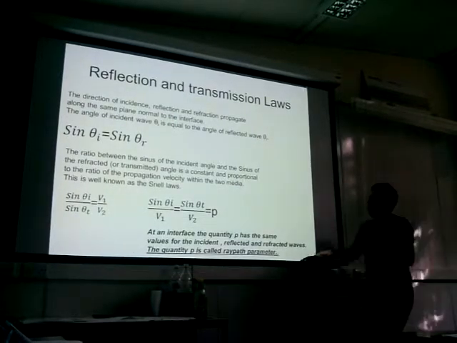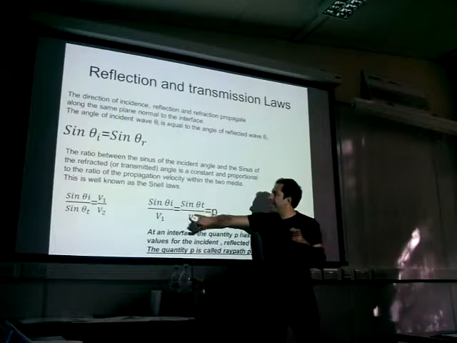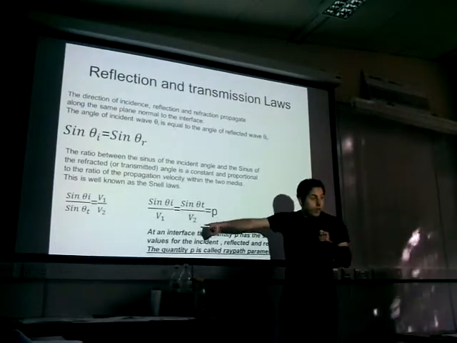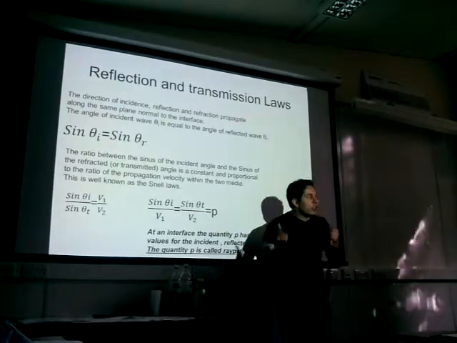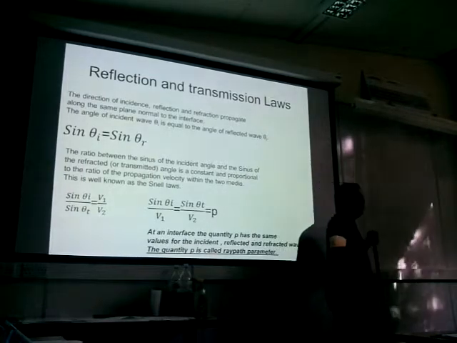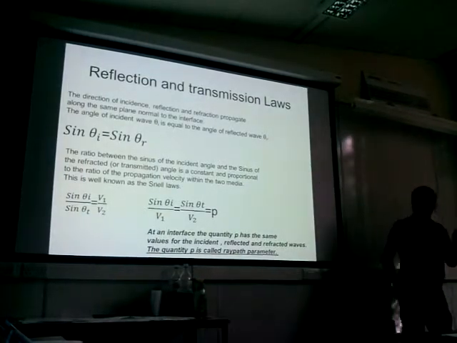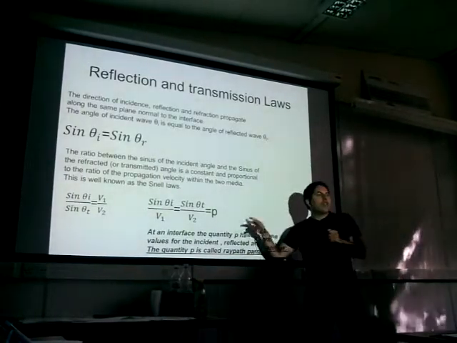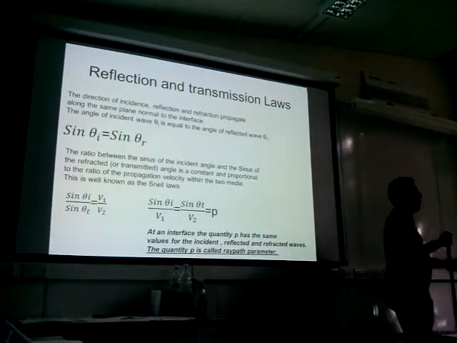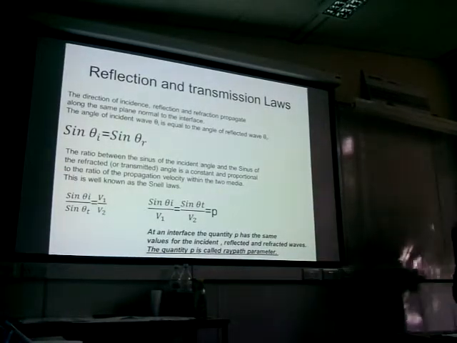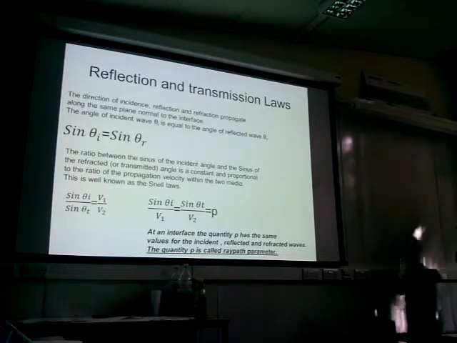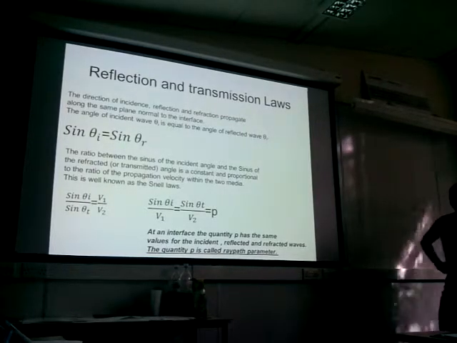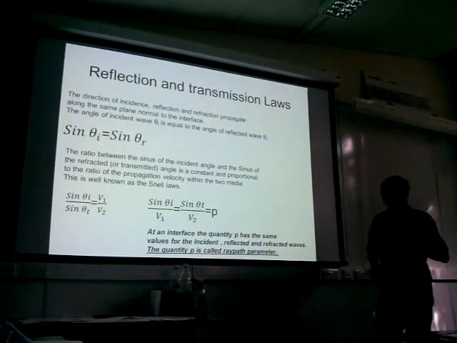So if you know those two parameters, you can calculate the ratio of any other transmitted component of your history. And this is valid for V1, V2, V3, V4, V5, up to Vn. So there is a ray path parameter constant that remains preserved across the transmission all along the system. Okay?